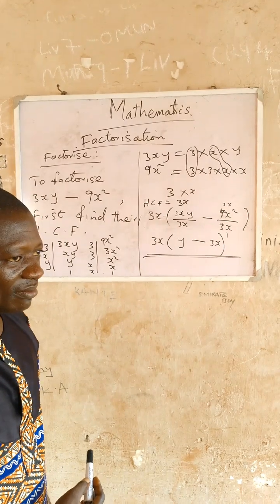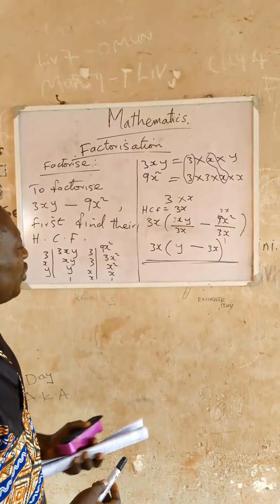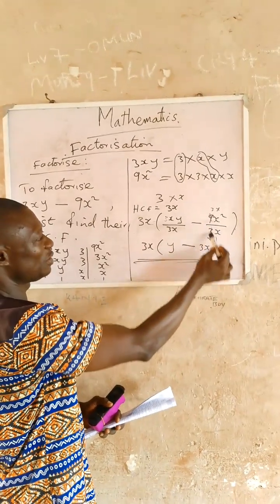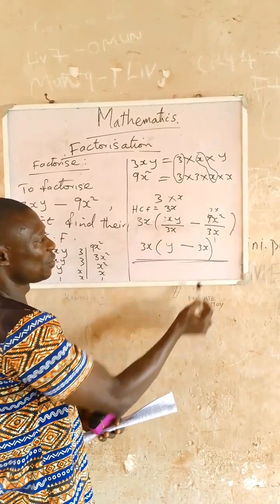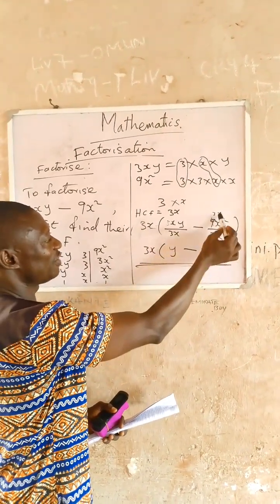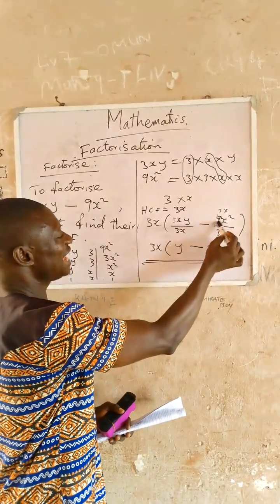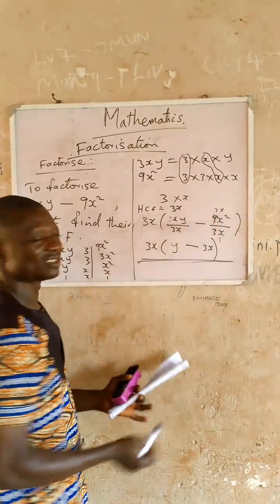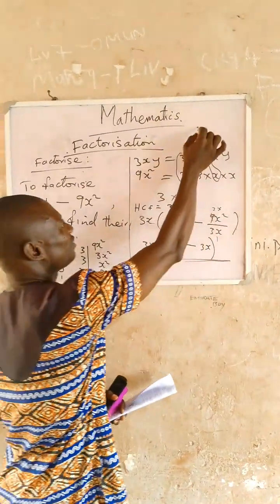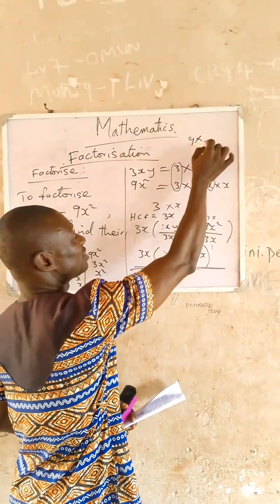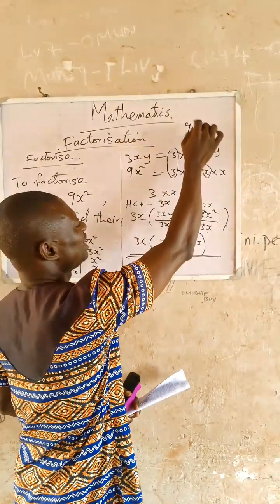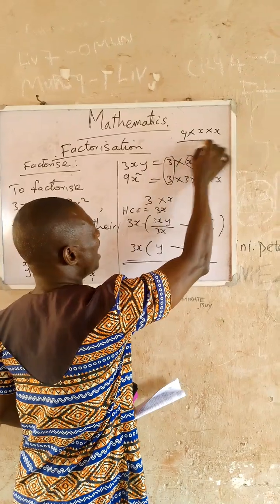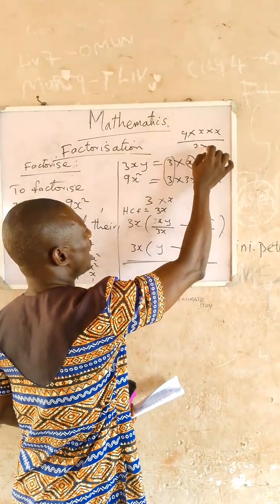Okay, 3x comes there because when you divide 9 by 3, you have 3. When you divide x squared by x, you have x. So 9x squared divided by 3x will give you 3x. Let me show you what I mean. We have 9 times x squared divided by 3 times x.